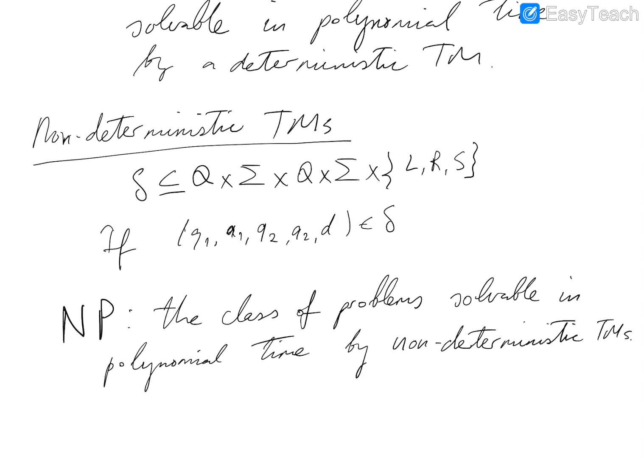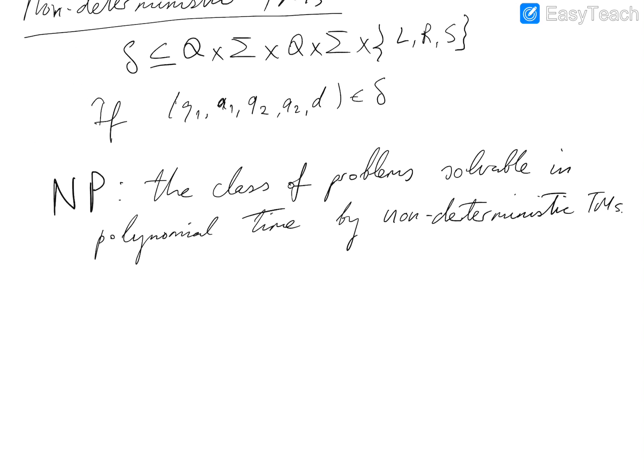Any deterministic Turing machine can be simulated by a non-deterministic Turing machine. If a problem is solvable in polynomial time by a deterministic machine, then by definition it is also solvable by a non-deterministic Turing machine in the same complexity, in polynomial time. So clearly P is a subset of NP.